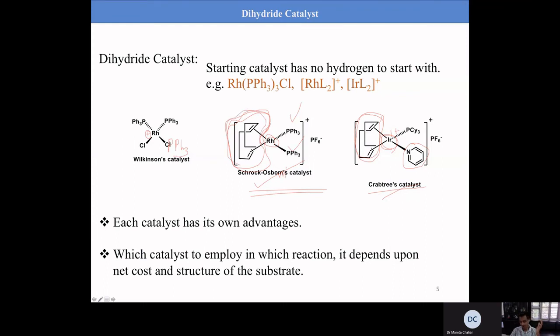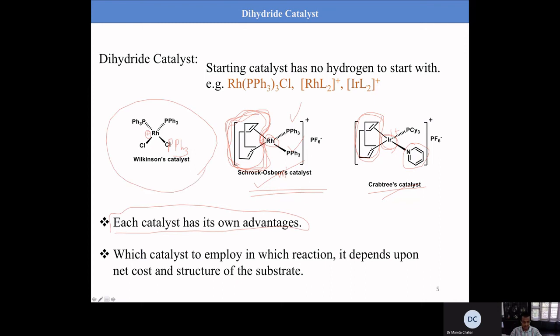That means enough coordinative unsaturation is present, which will lead to the removal of this ligand, and therefore we will be able to get the reaction at this site, even for the bulky olefin. Of course, each catalyst has its own advantages, right?